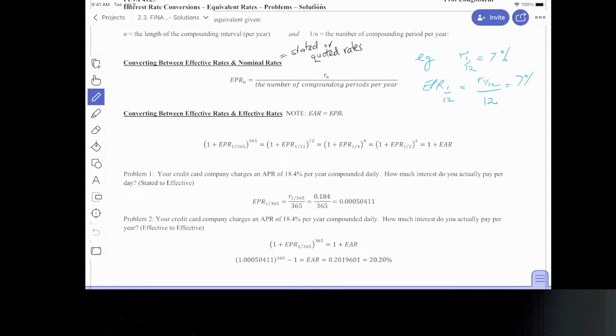So that's 7% divided by 12, whatever that is, your monthly effective rate. You'd have to store this in your calculator because it's a repeating decimal, 0.5833 percent, to be clear.